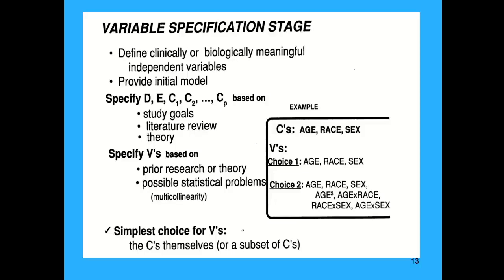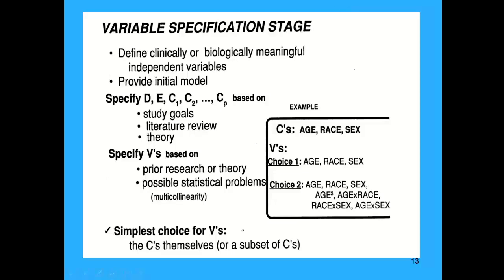You may have age and race, and you may want to put in exposure times age and exposure times race, or exposure times age times race. If age is a C and race is a C, age times race is not a C. It's a product of two C's. It's a V, and if you put it in the model as a product term with the exposure variable, it becomes a W. You have to think about all these things. You have to get that down pretty clearly. So that's the variable specification stage.